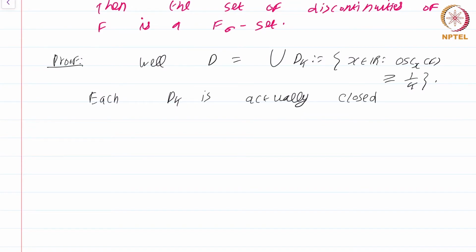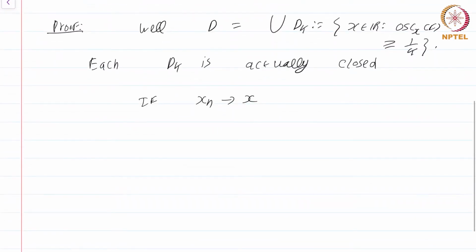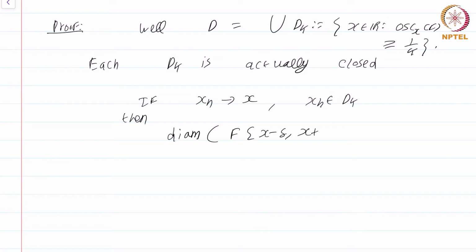If x_n converges to x, and x_n are in D_k, then if you look at the diameter of f of (x minus delta, x plus delta), this also has to be greater than or equal to 1 by k.